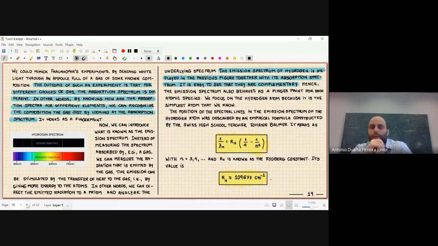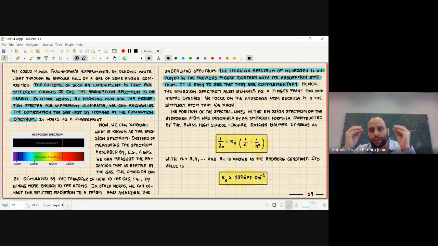There is a correspondence between the atomic species that make up the gas and the colors that are missing in the spectral decomposition. So you can either know what the material is and say what colors will be missing, or you can check what colors are missing and say what material was inside the tube.